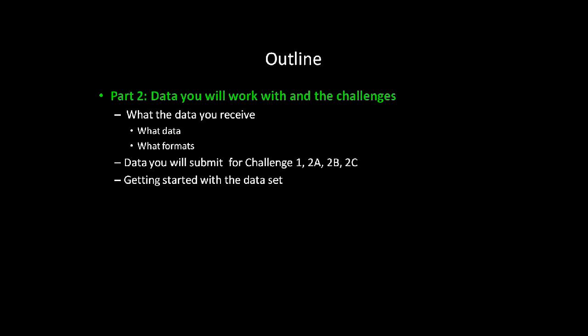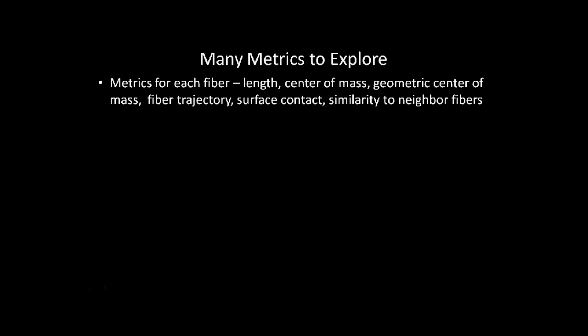A little bit of information about getting started with the data sets, and some approaches to the problems and the solutions. I note that there are many metrics that you can explore within that set. For each of the fibers, you have a length, center of mass, a geometric center of mass, fiber trajectory, surface contact, similarity to nearby fibers within that process.